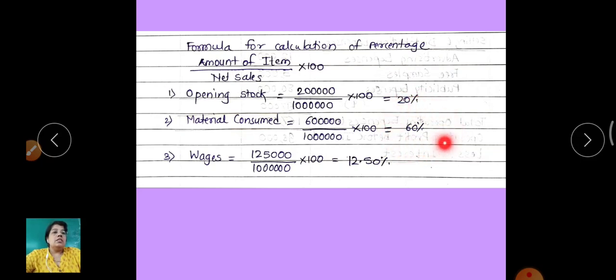That is a huge part of the expense. Then wages are 1,25,000 divided by net sales 10 lakh into 100 is equal to 12.50%. Now I am going to tell you one shortcut for this calculation, so that we can save our time and calculate these percentages easily.